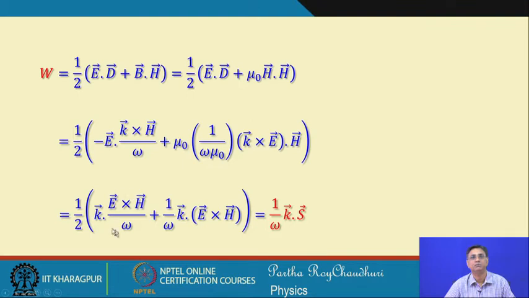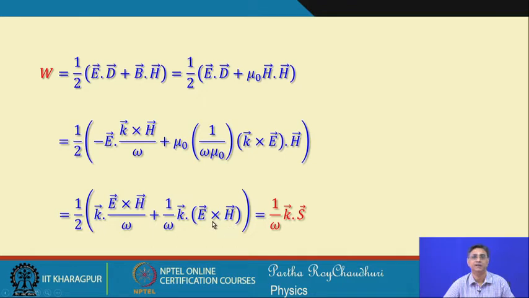So, two of them are identical terms and there is a half outside. So, if I put together, then we can see that this will represent simply the Poynting vector E cross H. So, I can write this energy density associated with the electromagnetic waves is equal to 1 upon omega times k dot S, the propagation direction and the direction of the Poynting vector.